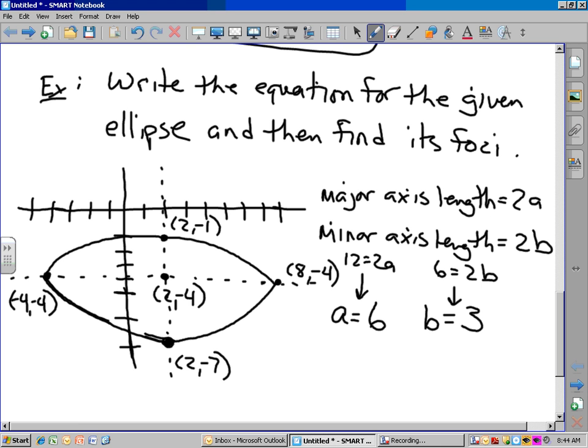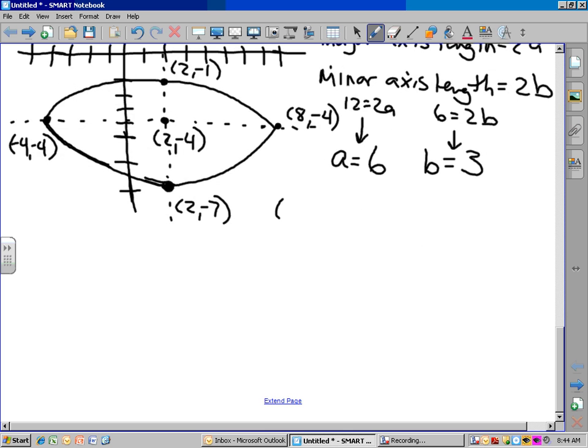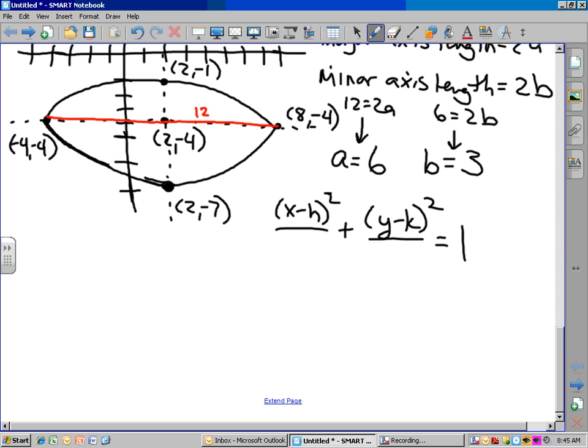We can put an equation down. (x minus h) squared over, plus (y minus k) squared over, equals 1. Which one gets the A? Which one gets the B? The entire distance from here to here is 12.